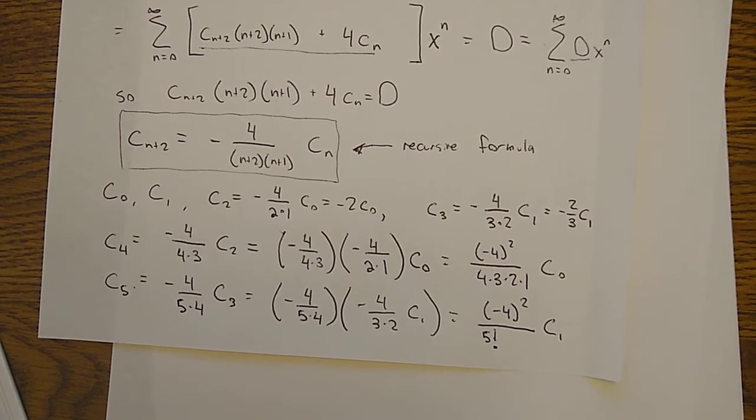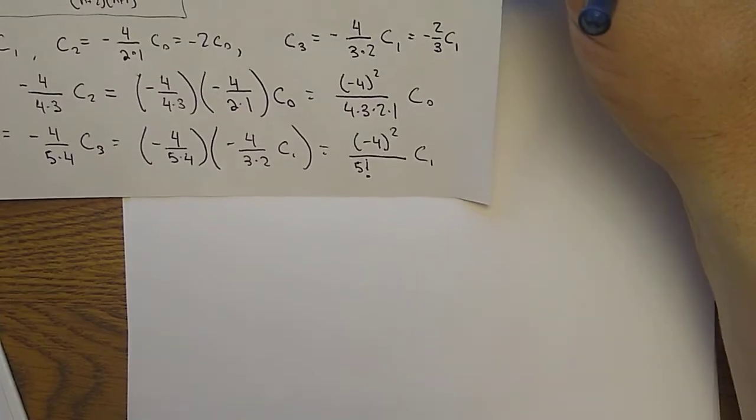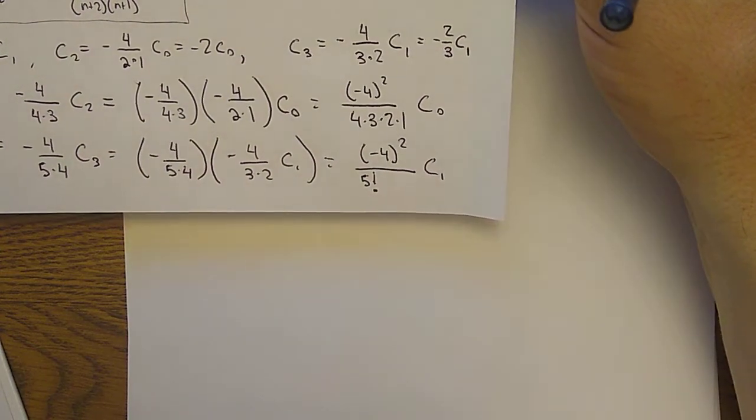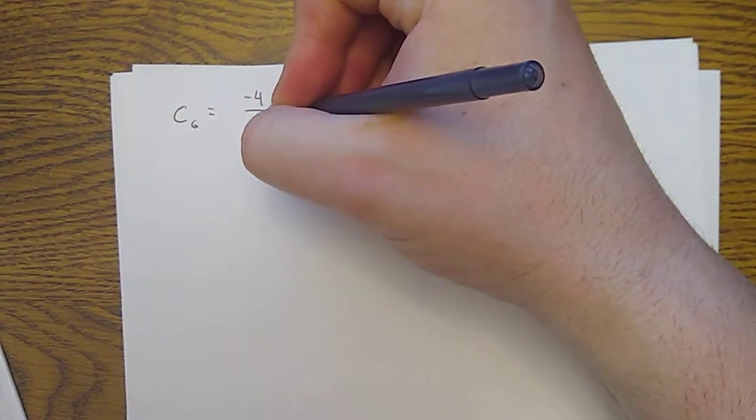Yeah, and this pattern keeps going. Let me do just one more, I guess. C6, I'm using this formula, and I guess n would be 4, so I would write negative 4 over 6 times 5 times C4.